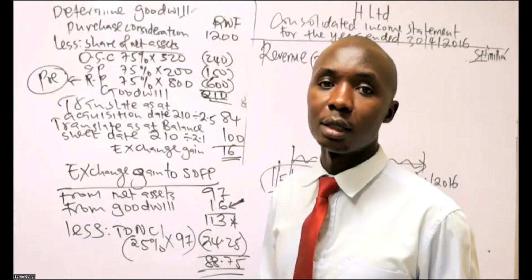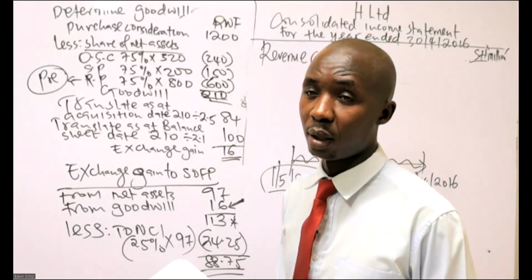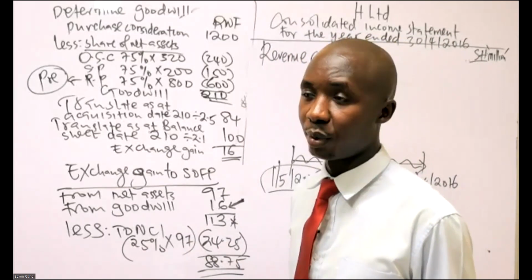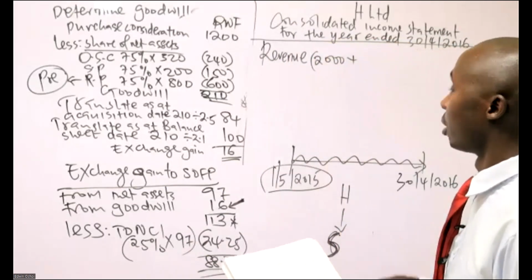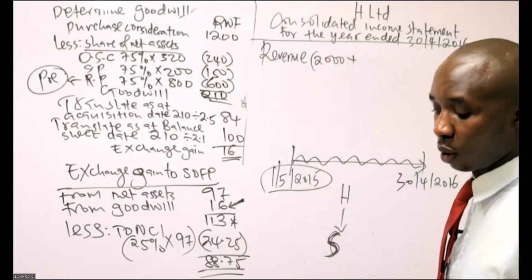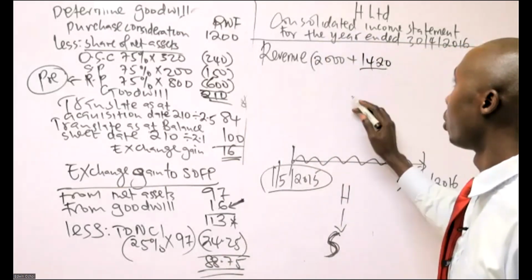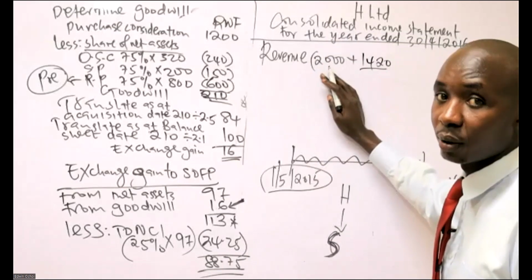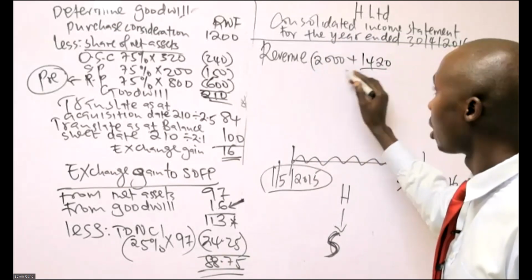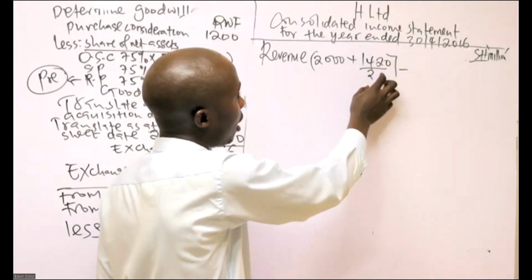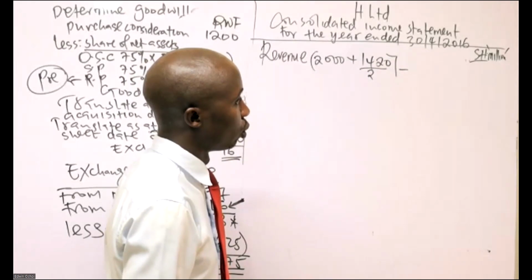You can translate these statements directly without all those steps, but you will miss some marks, maybe 3 or 4. Because if I was to translate revenue, I can translate it directly without the workings. I will say 1,420 divided by what? I know revenue is translated using the average. You know that the average is 2.